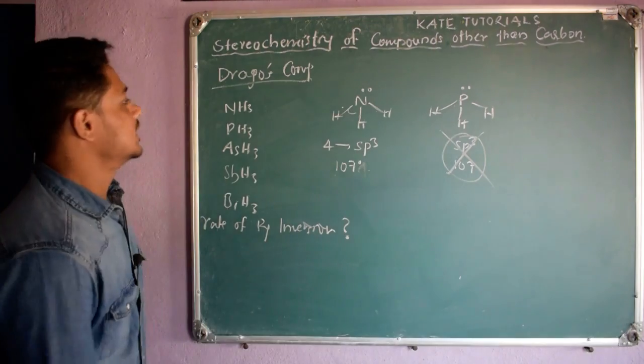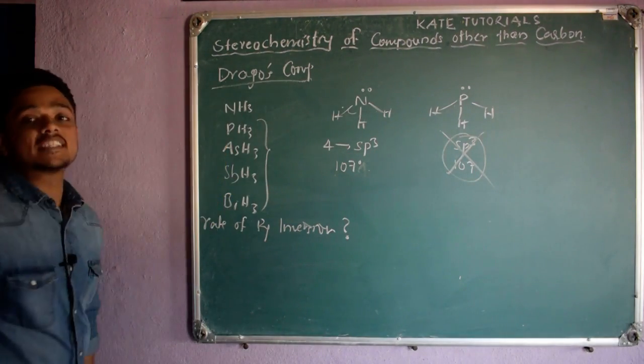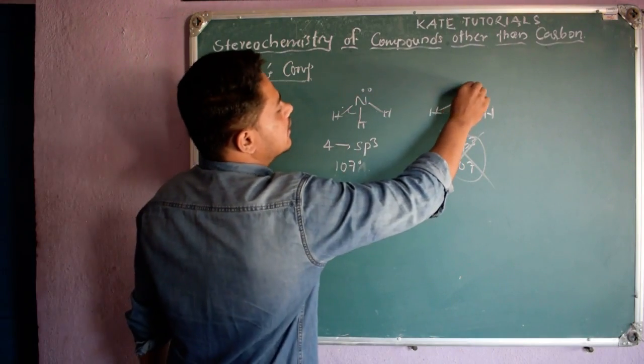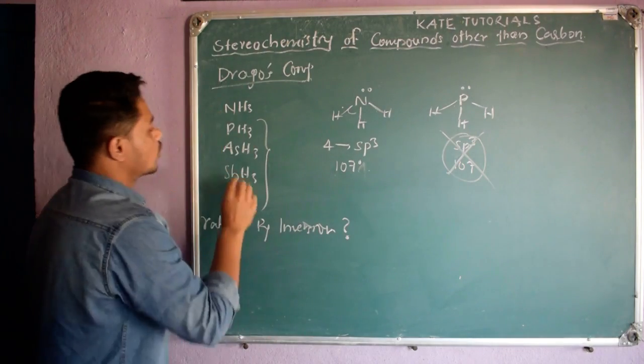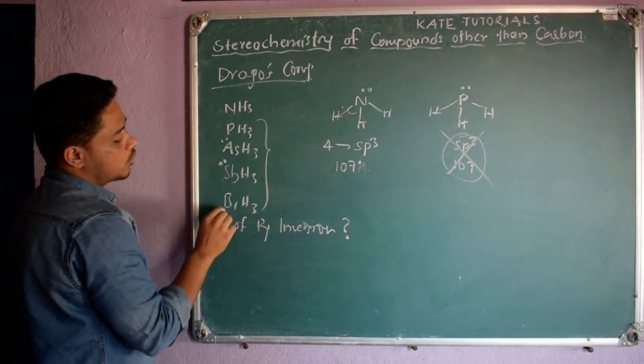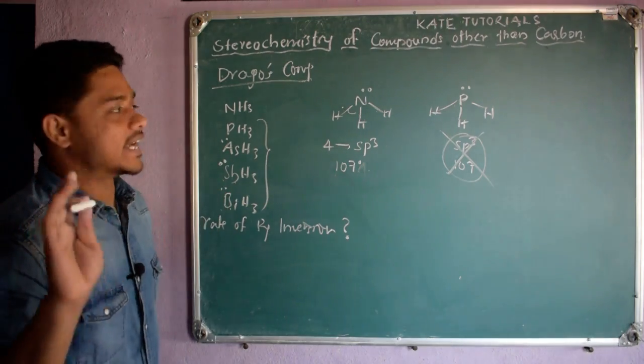The reason is that PH3, AsH3, SbH3 are called Drago's compounds, in which the lone pairs present on phosphorus, arsenic, antimony and bismuth will not participate in hybridization.